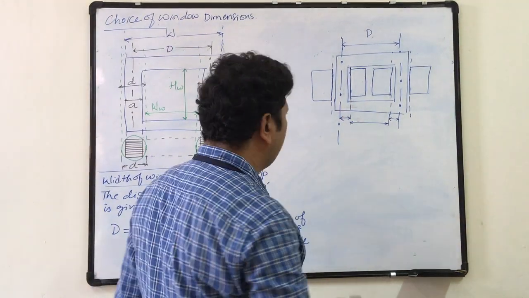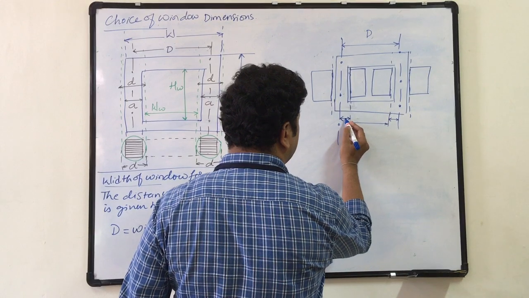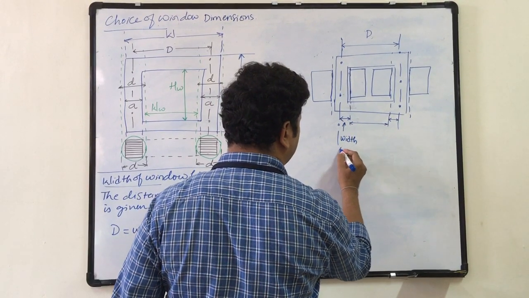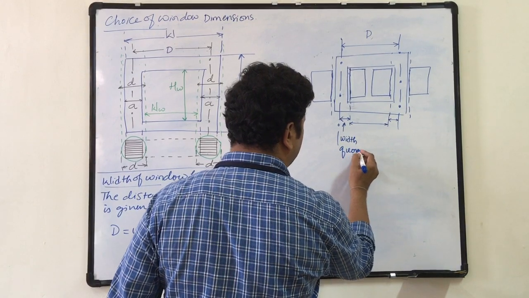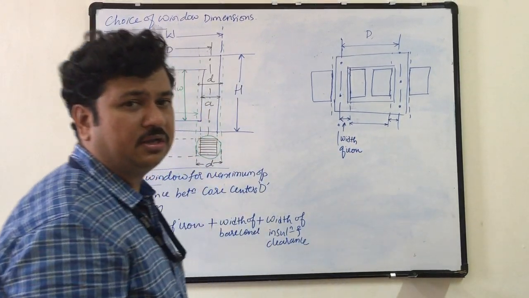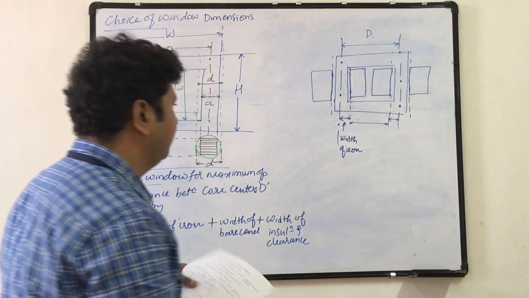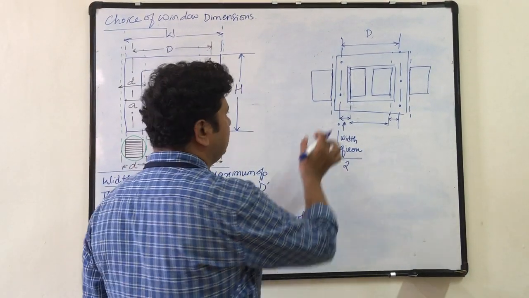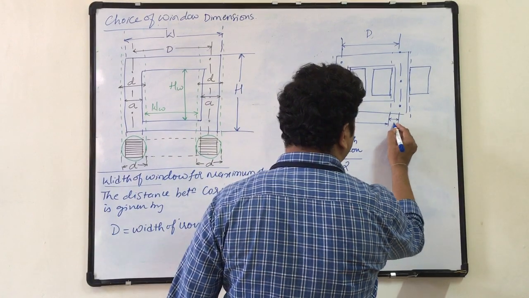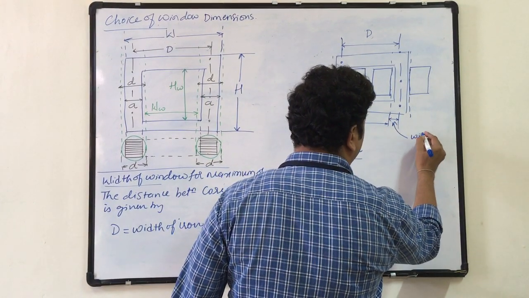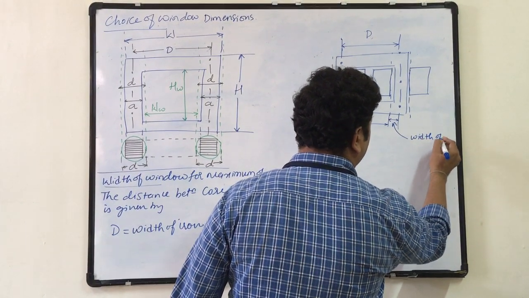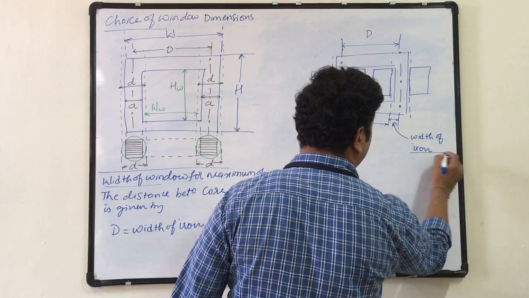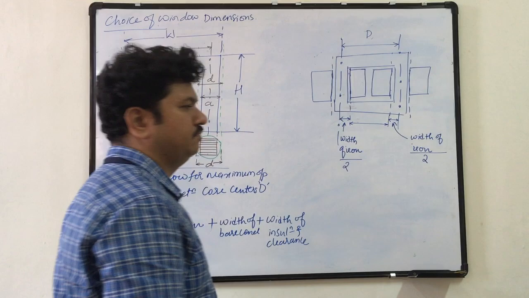Now this is the width of iron, including circumcircle, it is considered width of iron by 2 because it is half.